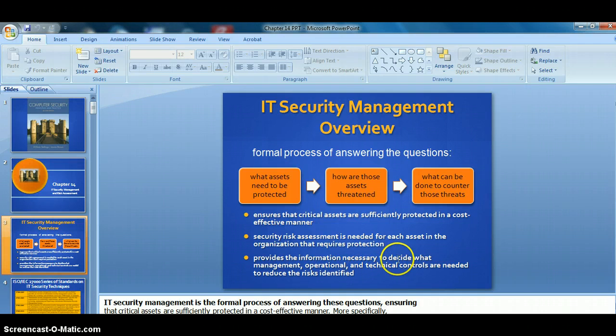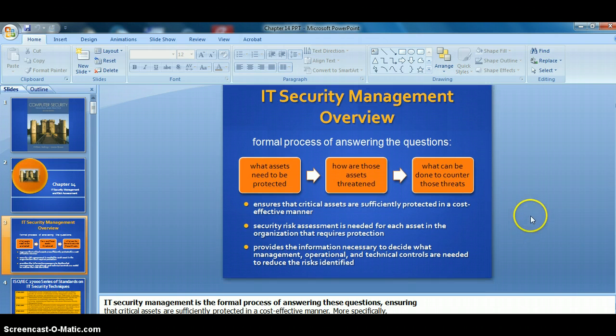It means that security management is a formal process to answer these questions for protecting our infrastructure or our organization.